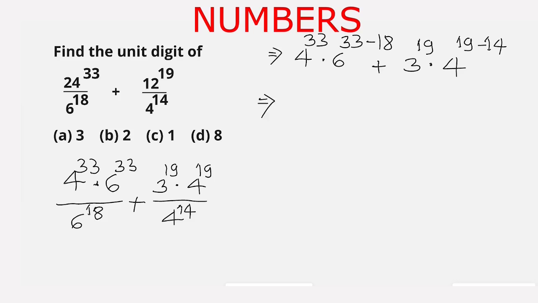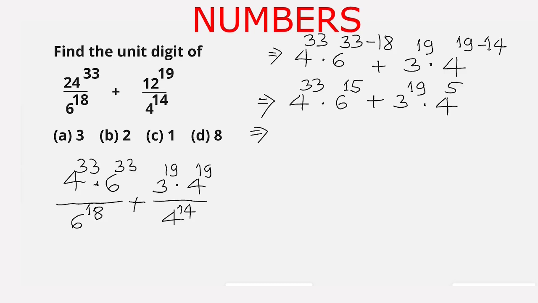This gives us 4 to the power 33 into 6 to the power 15 plus 3 to the power 19 into 4 to the power 19 minus 14, which is 5.